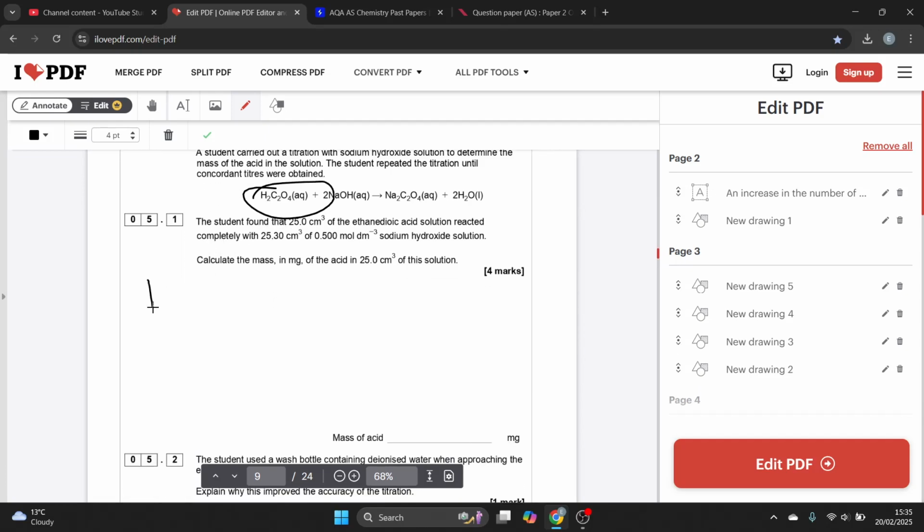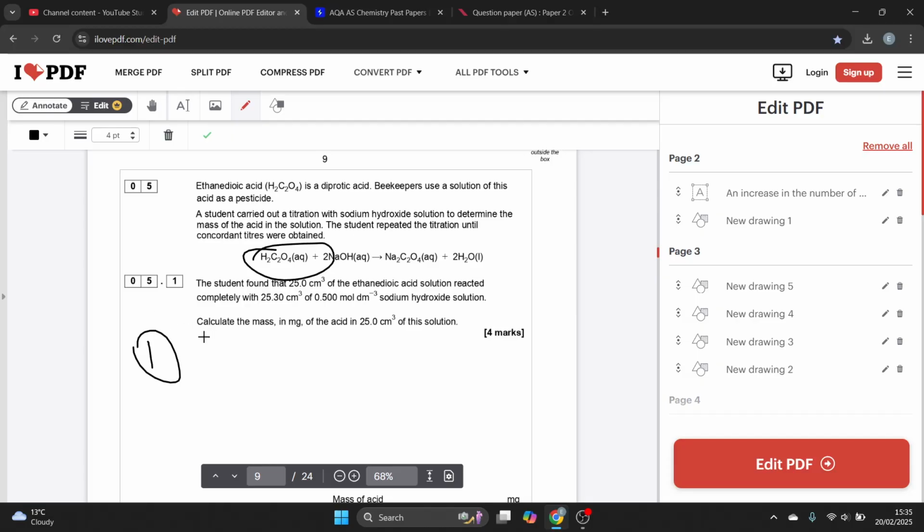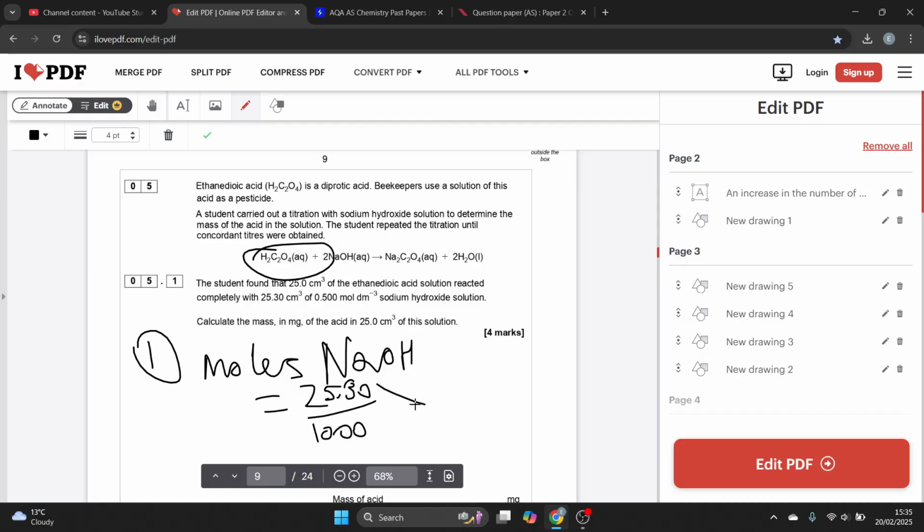So first things first, moles of sodium hydroxide: 0.30 divided by 1000 times 0.500. Then divide it by 2 to find out the moles of the H2C2O4.